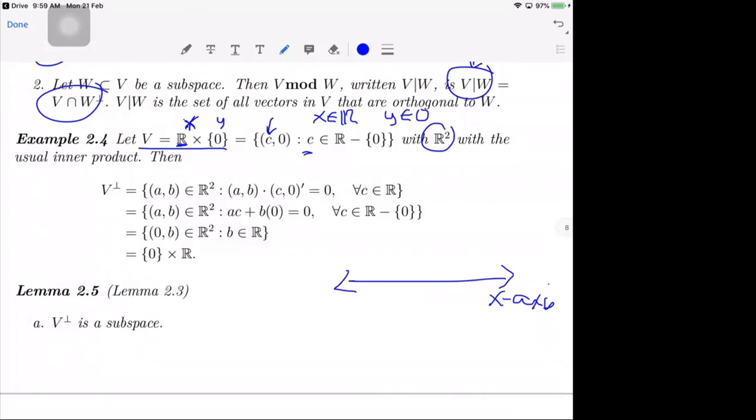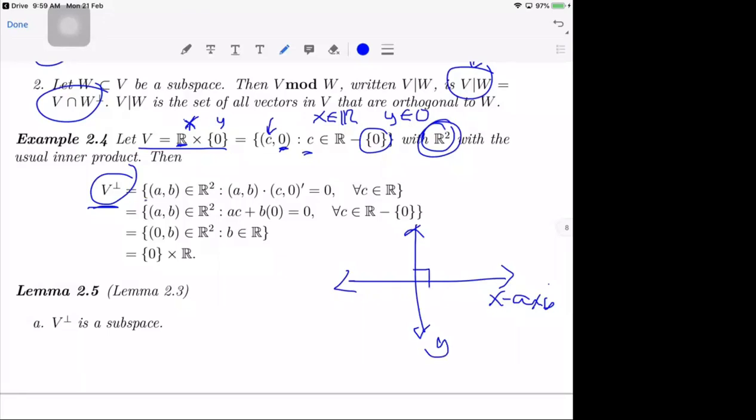So this is all C in R, and of course minus C, 0, and then 0. Okay? So it is two-dimensional. Let's try to get the set of all vectors, or a point, that is perpendicular to V. So your expectation is the y-axis, right? The y-axis is perpendicular.